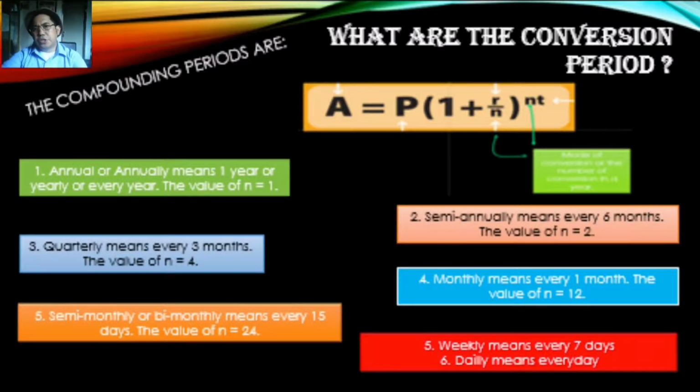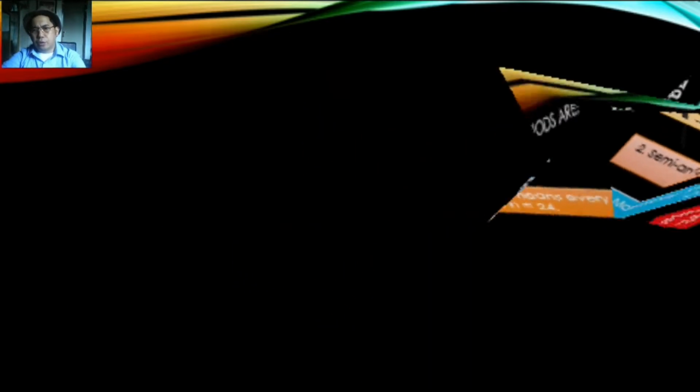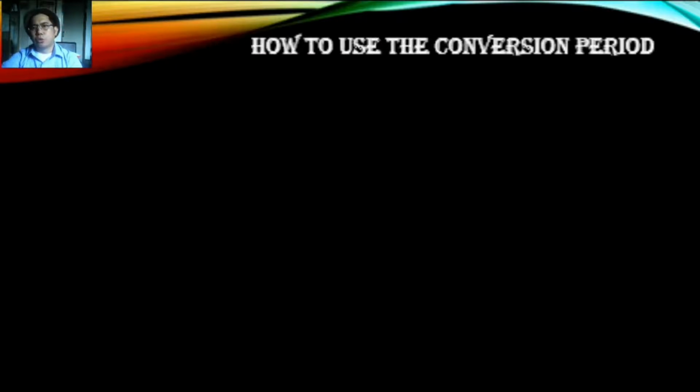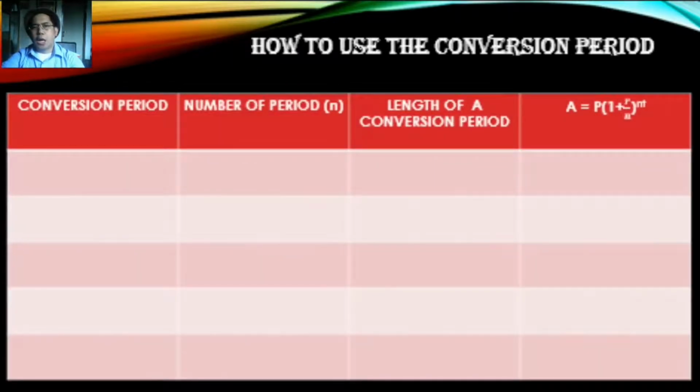To further understand the value of n, or the conversion period, let's take a look at this table. You will notice our focus on this table is how to use the conversion period in our general equation. Assuming that we have the conversion period compounded annually, what is the number of n?